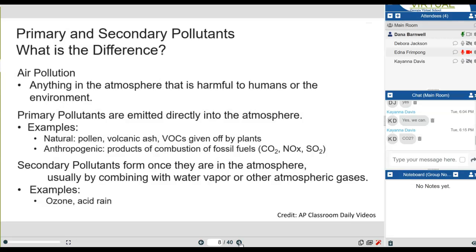Well, in general, an air pollutant is anything that is going to be harmful to humans or harmful to the environment. Now, I have just used a bunch of words that we encourage you not to use in an FRQ. Hopefully you've heard us recently as we've talked about the different types of FRQs and as we've shown you some of the Mr. Smead videos, that it's not enough for you to say air pollution.